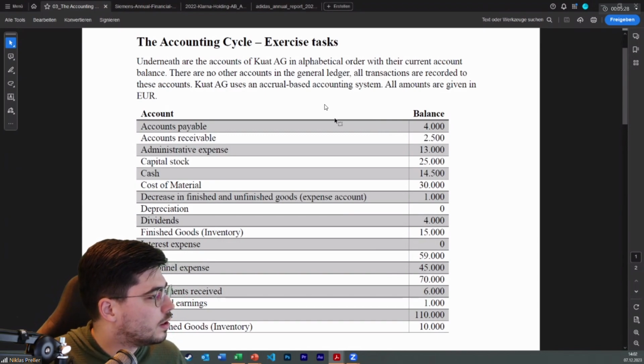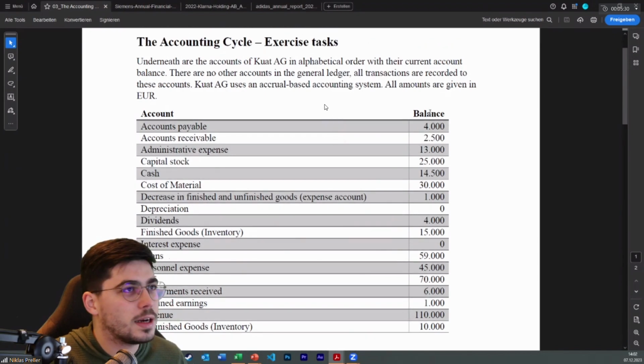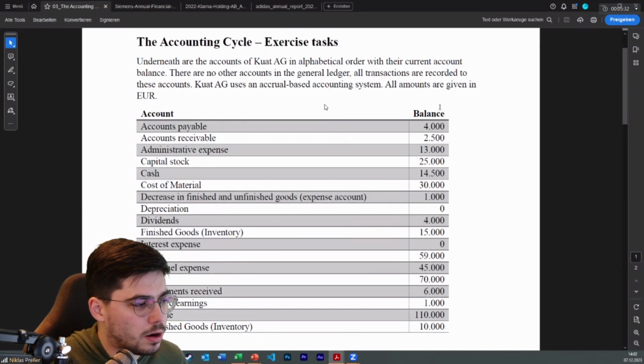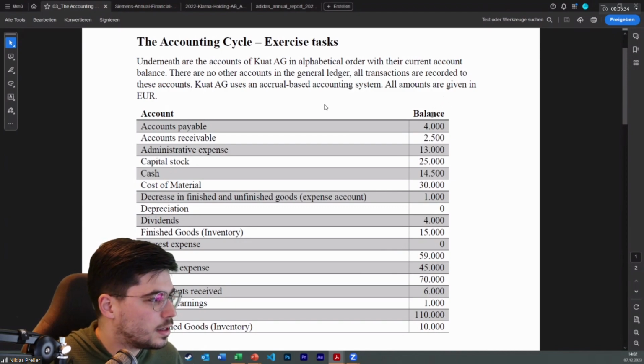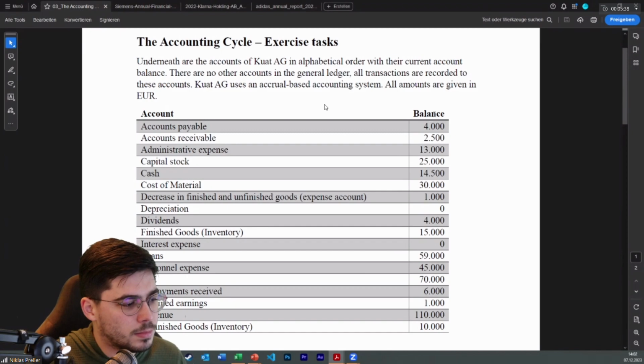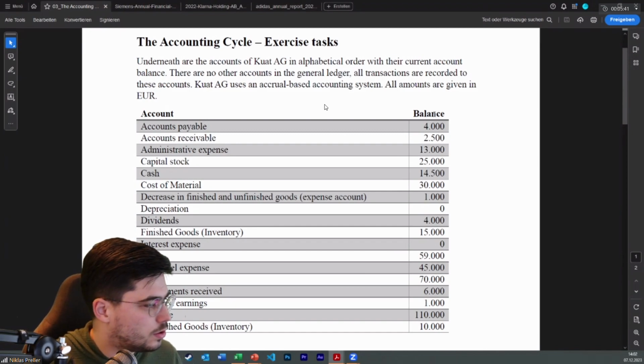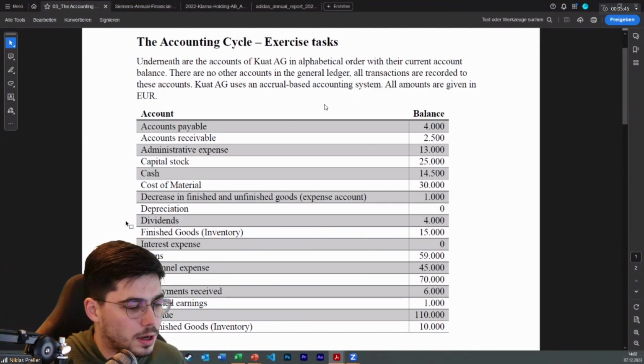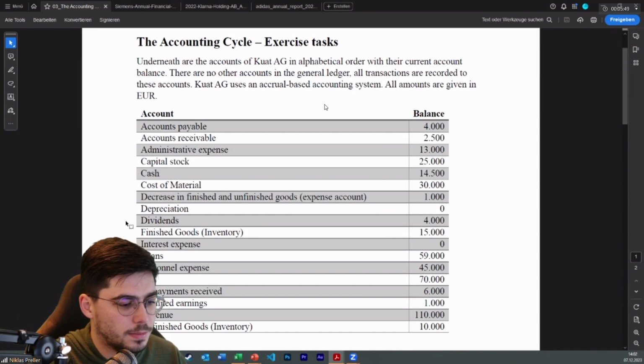Can I just get via audio or in the chat a quick answer: was it very difficult for you to get through this task, or was it easy?